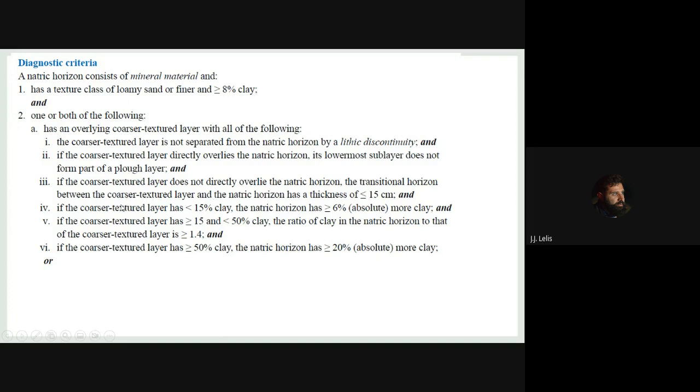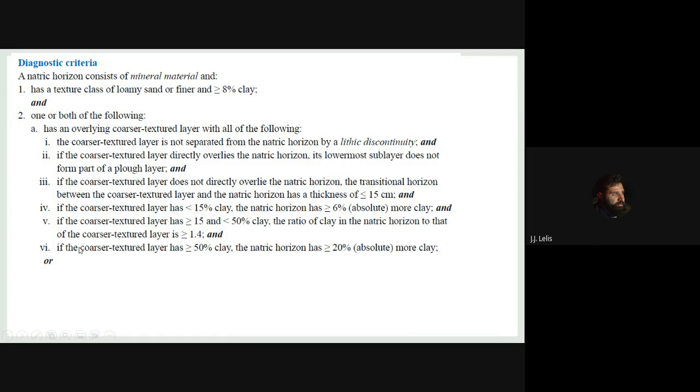If the coarser texture layer has between 15 and 50% of clay content, the ratio of the clay in the nitric horizon to this coarser texture layer should be equal or higher than 1.4. Again, it's the same rule for the argic horizon.